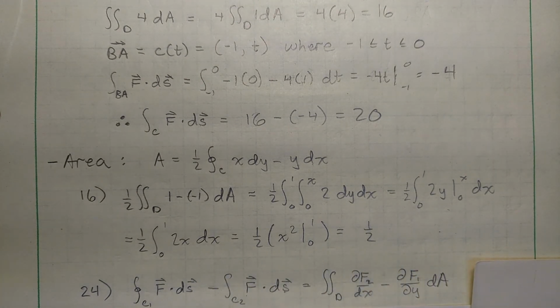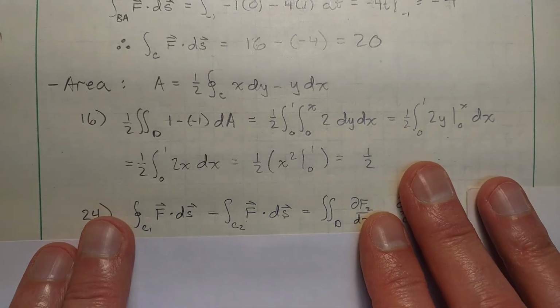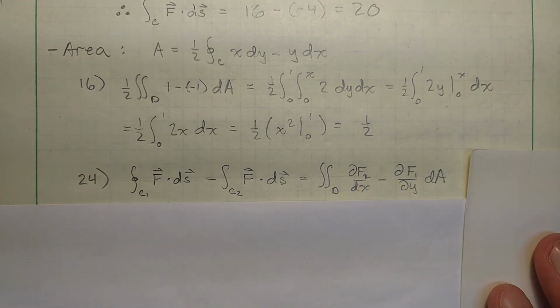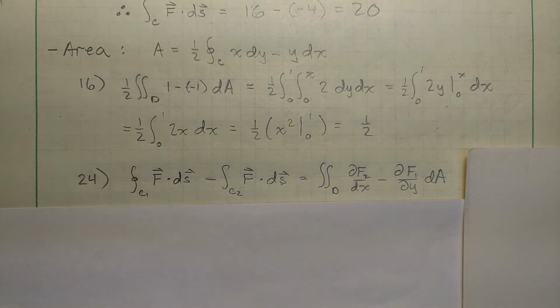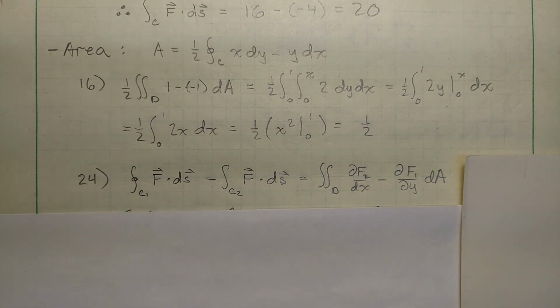So that means that our line integral of C1 minus our line integral of C2 is going to be equal to the oriented region D, to which we'll apply Green's theorem and express that as the double integral over D of dF2/dx minus dF1/dy dA.